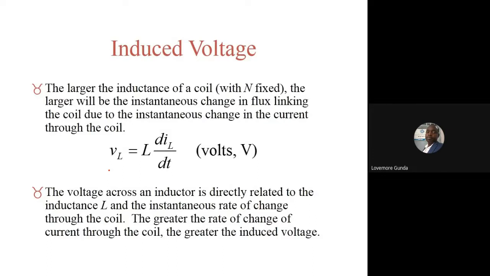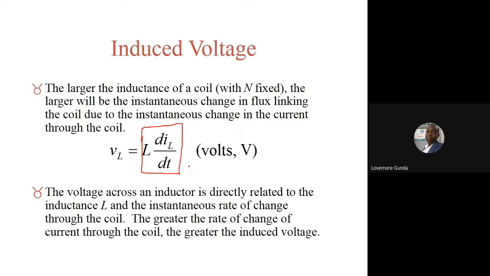So remember that the voltage induced across your inductor will be determined by the rate of change of the current through the coil. Also, it is determined by the magnitude of the inductance of the coil. So the voltage across the inductor is directly related to the inductance L and the instantaneous rate of change of current through the coil.